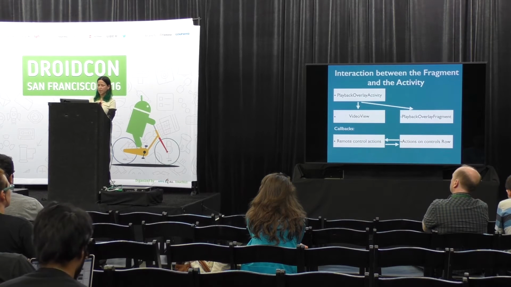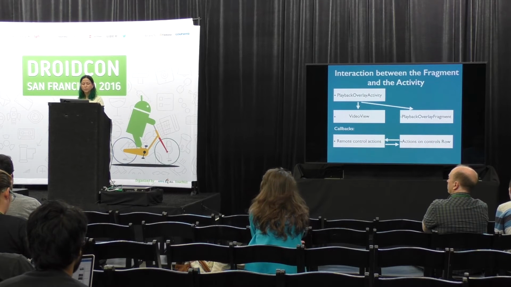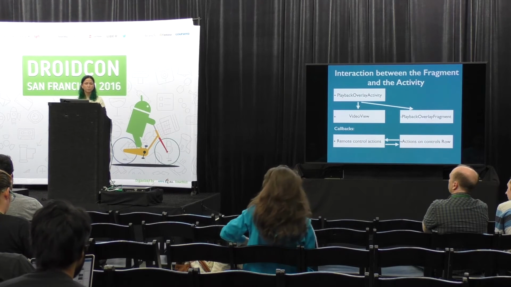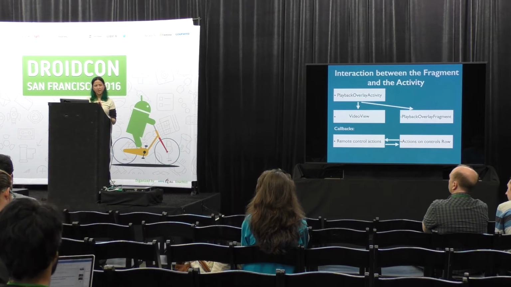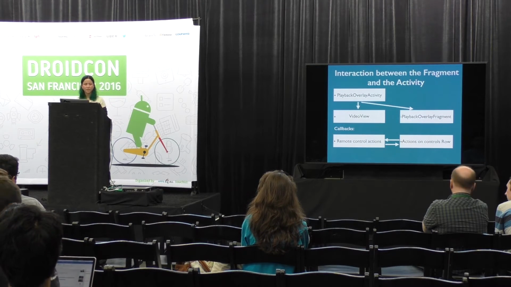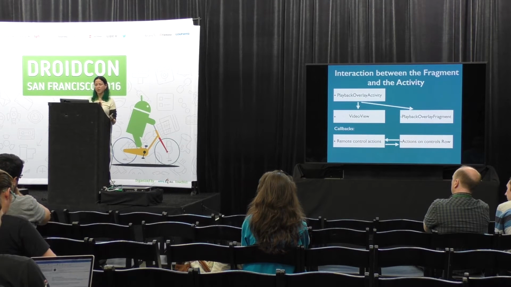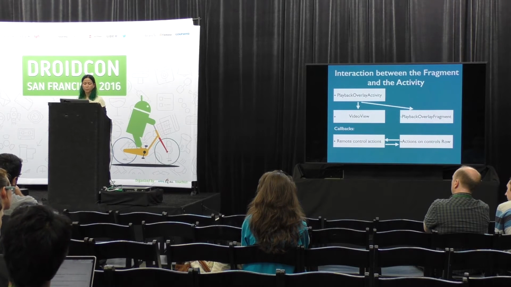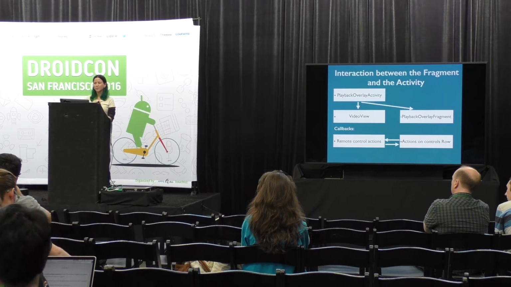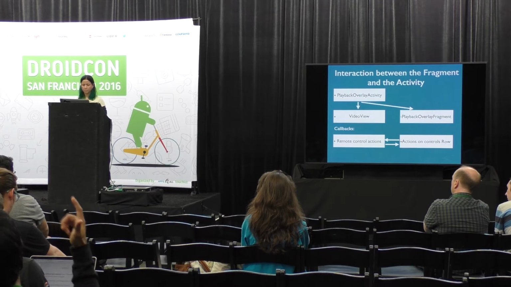They also need to let the fragment know that a certain action was made. Because, for example, if the user hits play, next time they see the controls row, they should see the pause icon instead of play. And also the actions on the control row should activate the remote control actions that will go back to the video view.